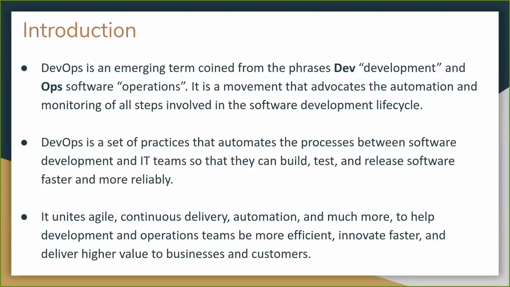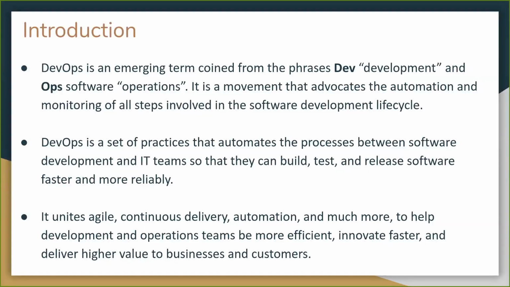So DevOps is basically an emerging term coined from phrases dev, which stands for development, and ops, which stands for operations. It is a movement that advocates the automation and monitoring of all steps involved in the software development cycle. DevOps is nothing but automation, automating of software development cycle. Okay.